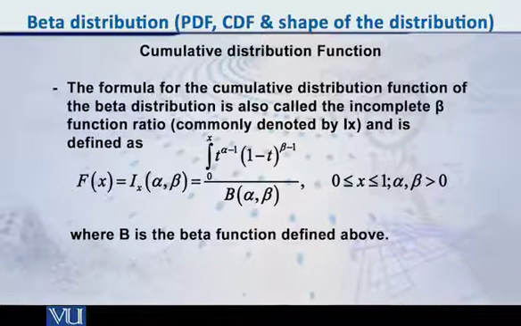So therefore, this one is the incomplete beta function. यानी हमने पूरा वो cover नहीं किया, हम सिर्फ 0 से लेके x तक integrate कर रहे हैं. So that is why it's called the incomplete beta function.